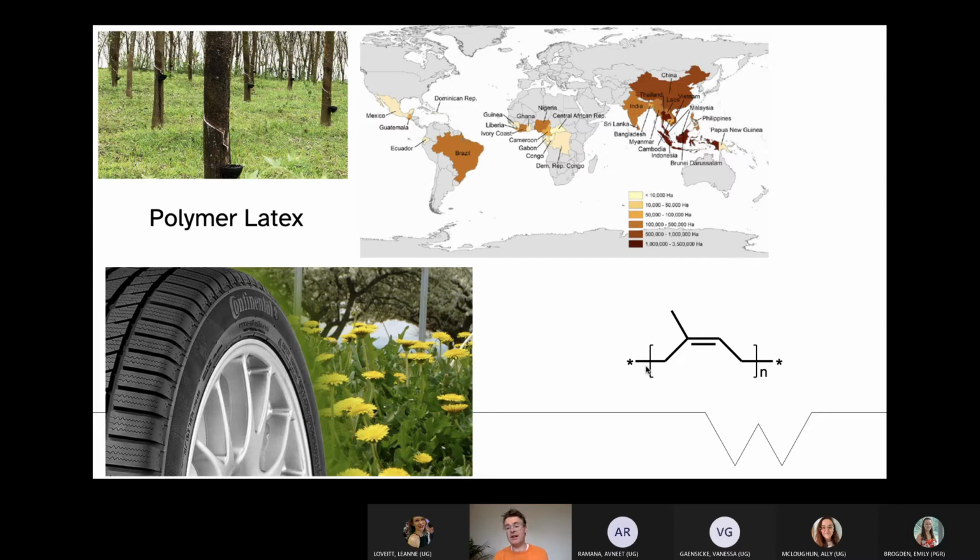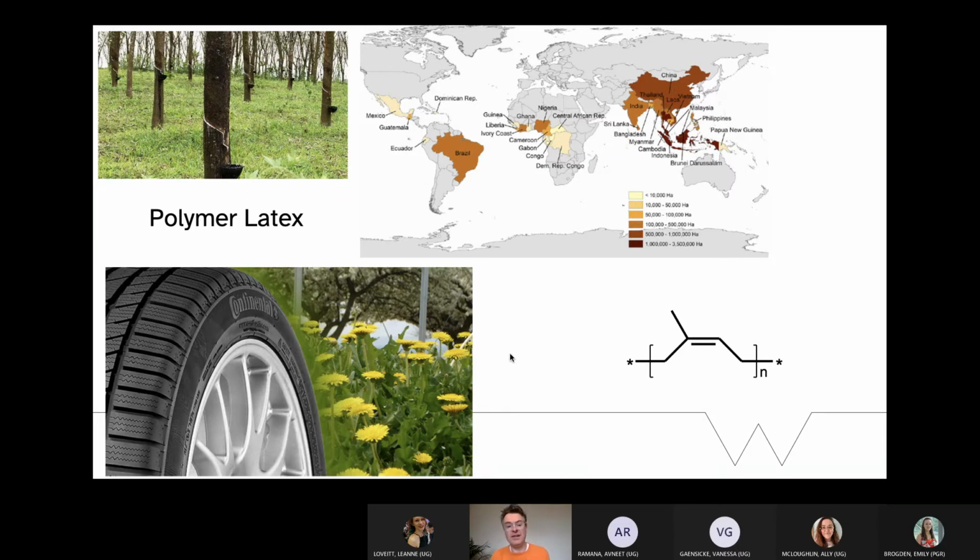And for the people that are interested in this, this is a typical molecule which is called polyisoprene. And what you then can do is make a material out of this latex and functionalize it further by reacting things with this double bond over here. A typical material for which this is used is, for example, car tires or medical gloves, or the examples go on and on and on.